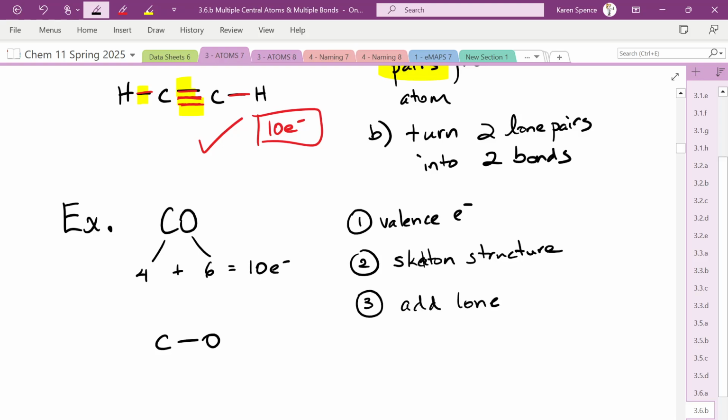Too many is the question. No. What happens is there's too many electrons crammed into one area. If you have 4 pairs in between 2 atoms and they repel each other, it's very unstable.